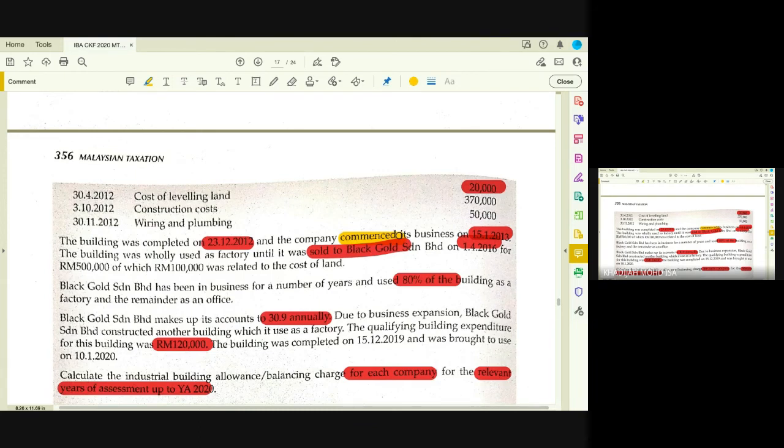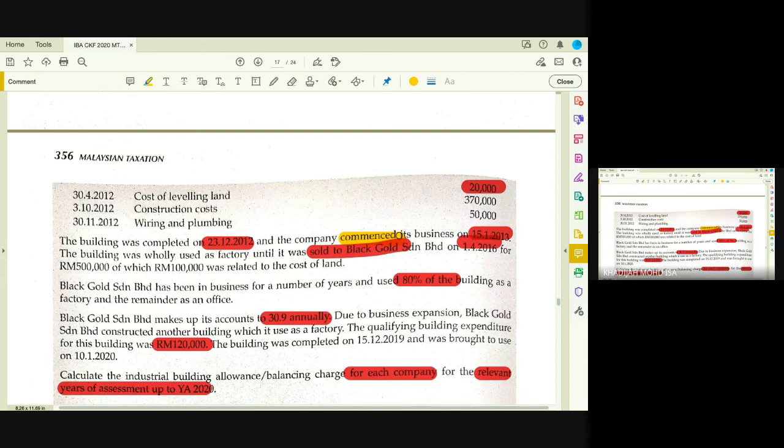You must commence your business, then only whatever capex that you incur, you can claim in the year of commencement. So even though you complete the building in 2012, because you only commence business in 2013, the first year that you're going to claim is 2013. So that's why for tax planning, we always try to commence business as soon as possible.